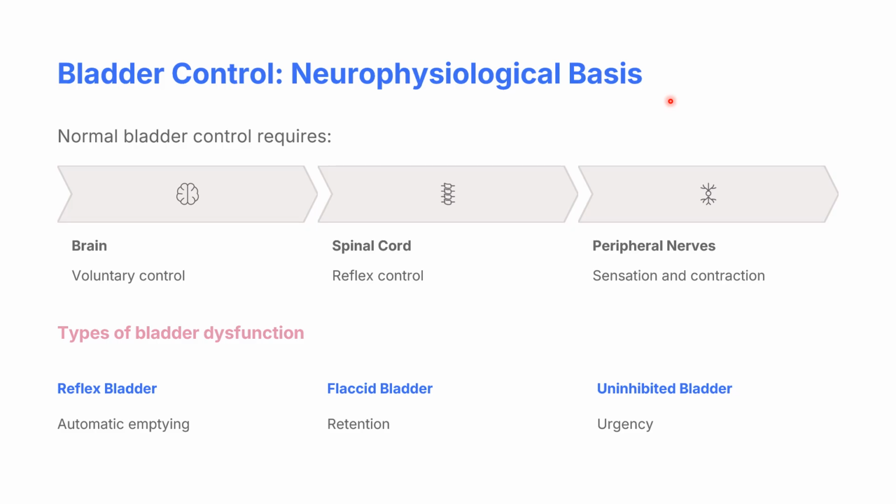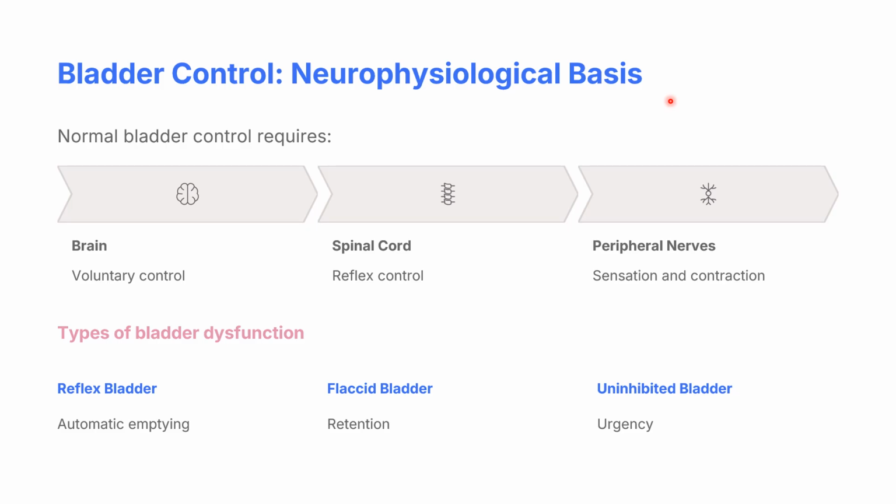issues at the bladder, and their names are: reflex bladder. That means it will empty automatically. Only a small or moderate amount of urine is collected, and it may just have a sensation and go into emptying the bladder. Next is flaccid bladder.